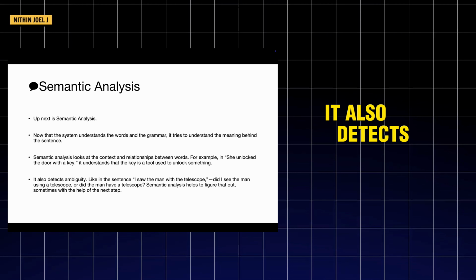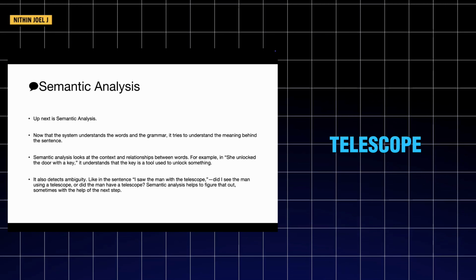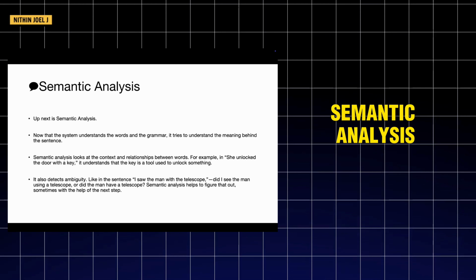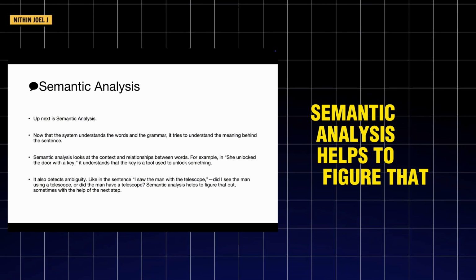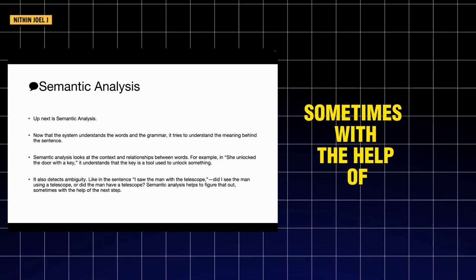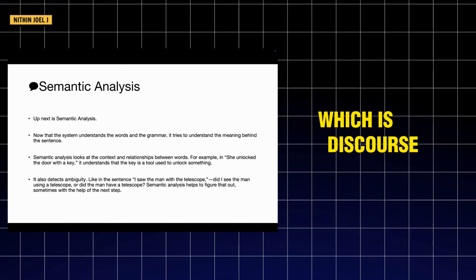It also detects ambiguity, like in the sentence, I saw the man with the telescope. Did I see the man using a telescope? Or did the man have a telescope? Semantic analysis helps to figure that out, sometimes with the help of the next step, which is discourse integration.